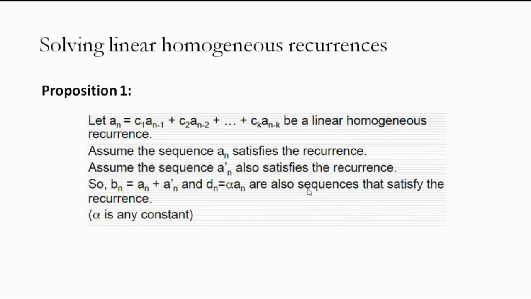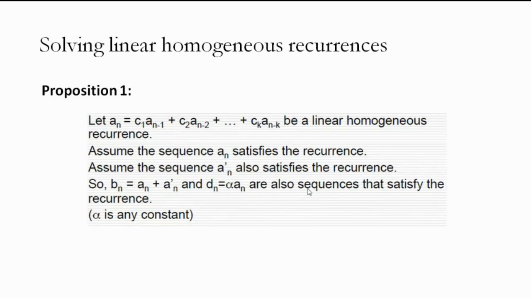So Bn is equal to An plus An dash. You have taken the first An, plus you take another part which will have the same recurrence, and you add it to this. For example, you have the Fibonacci series like this.